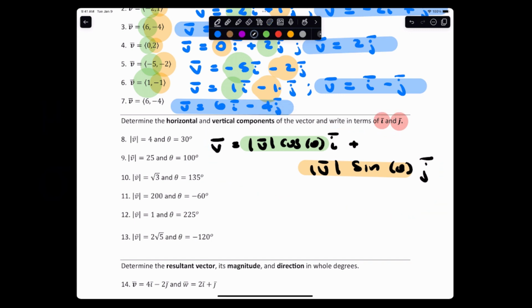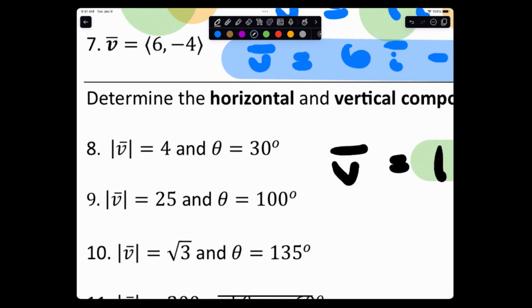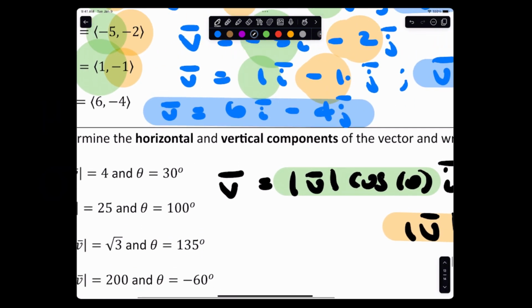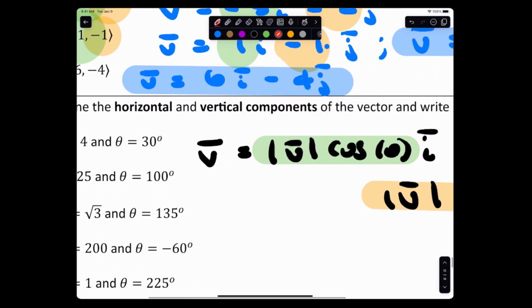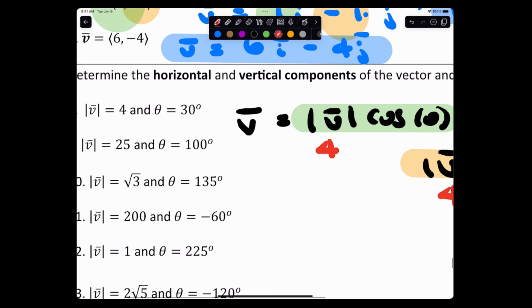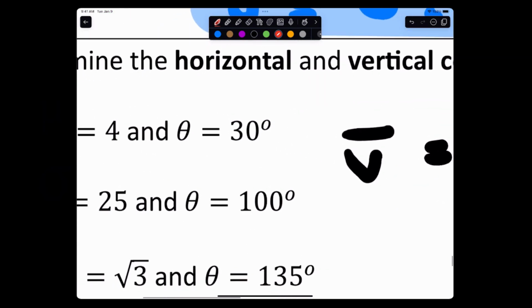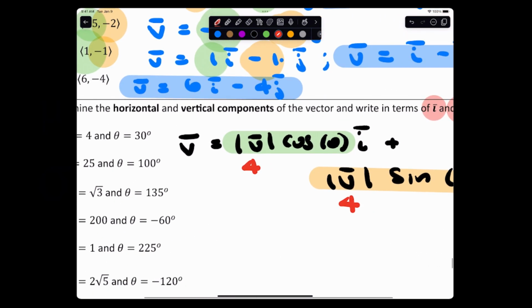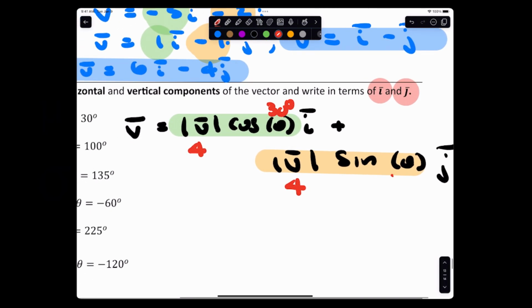So if they told you here that the length or the magnitude is 4, what do you think we do here? We put a what? A 4 here. A 4 here. If they told us the angle for theta is 30, then what do you do here? 30 degrees and what? 30 degrees. Okay?